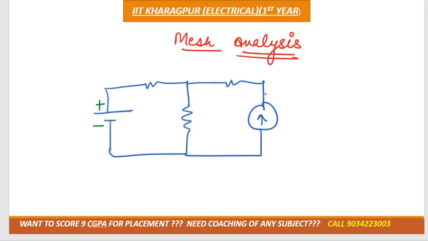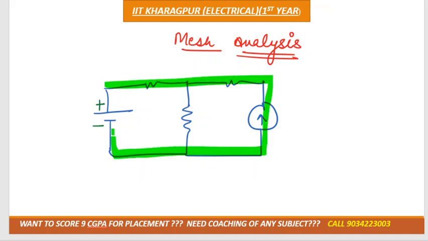There are two possibilities: the current source may be in the corner wall or in the middle wall. Remember I told you, imagine this is your house and these are the corner walls of your house and this one is the middle wall. First we are studying the case where the current source is present in the corner wall, like this kind of circuit.